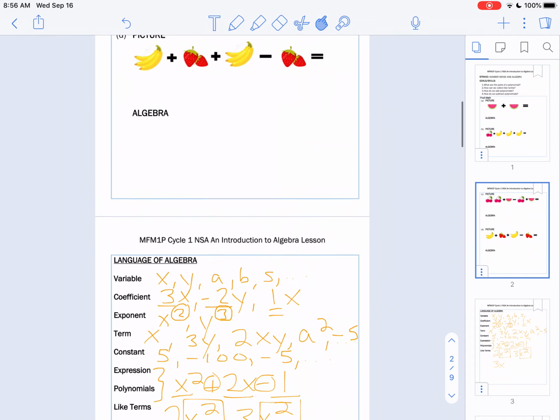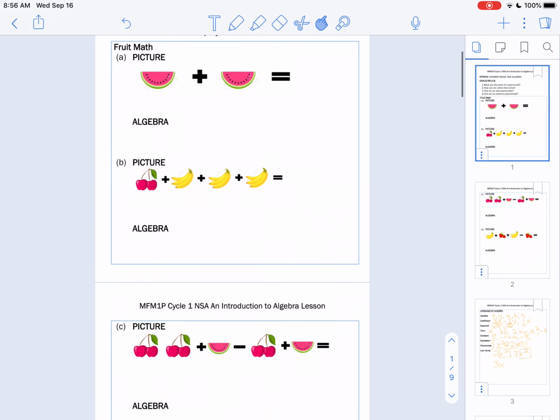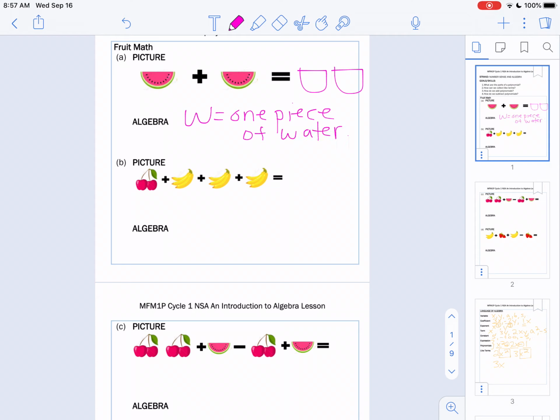Okay, so let's look at some pictures to see how we are going to simplify expressions. So here, hopefully you can tell me 1 watermelon plus 1 watermelon is going to give me 2 watermelons. If I let each piece of watermelon be represented with a W, then the expression for the left-hand side would be 1 watermelon.